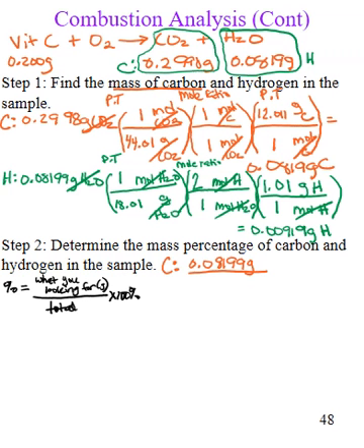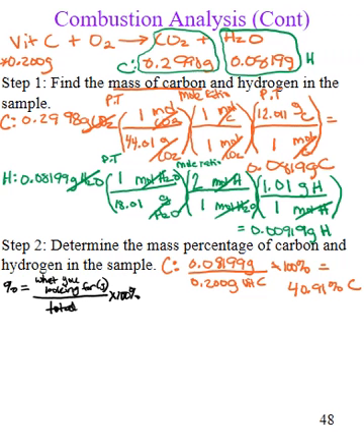Well, the entire sample is vitamin C. And our vitamin C they give us is 0.200 grams. And then we multiply by 100%. So we get 40.91% of carbon.